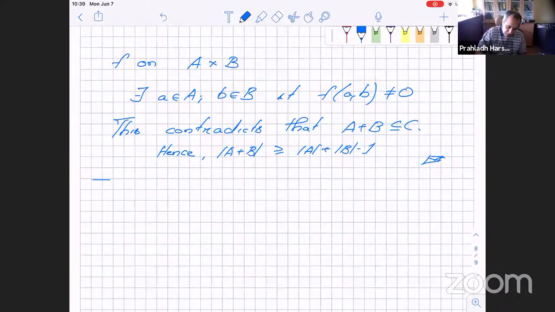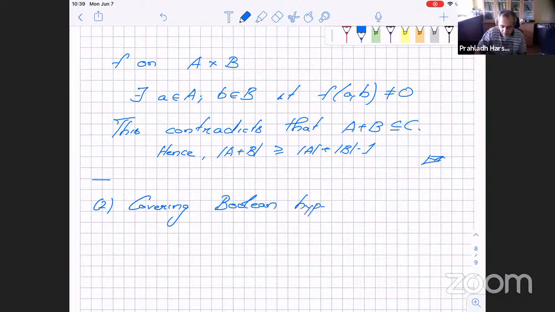Okay. So the next application, application 2, is covering the Boolean hypercube with hyperplanes.